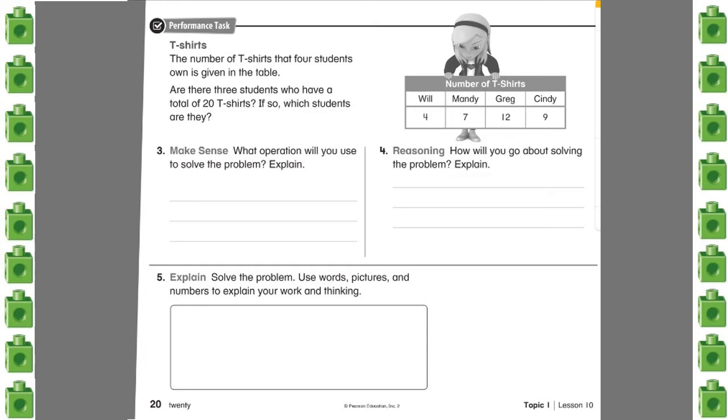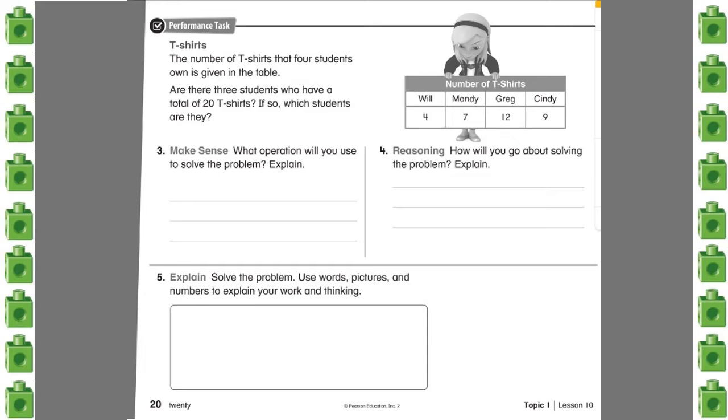Let's look at number 3. Makes sense. What operation will you use to solve the problem? Explain. Well, look at the table. It says Will has 4 T-shirts, Mandy has 7, Greg has 12, Cindy has 9. And the original question asks if there are 3 students who have a total of 20 T-shirts.